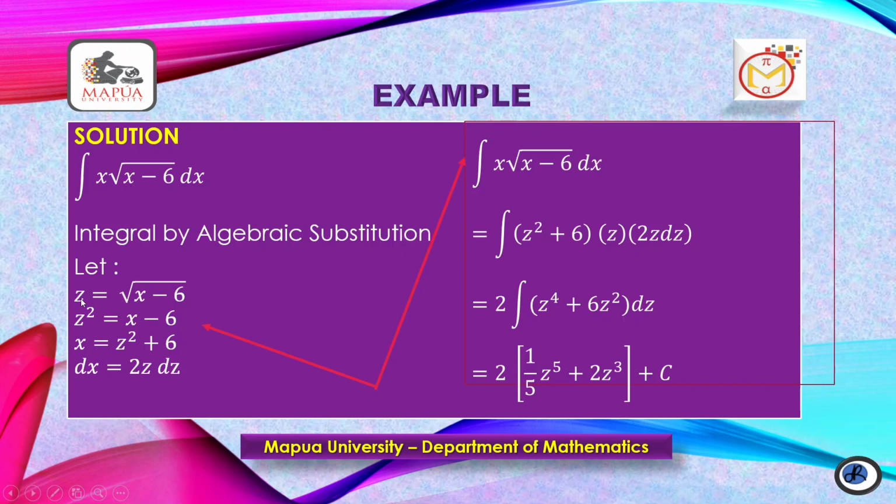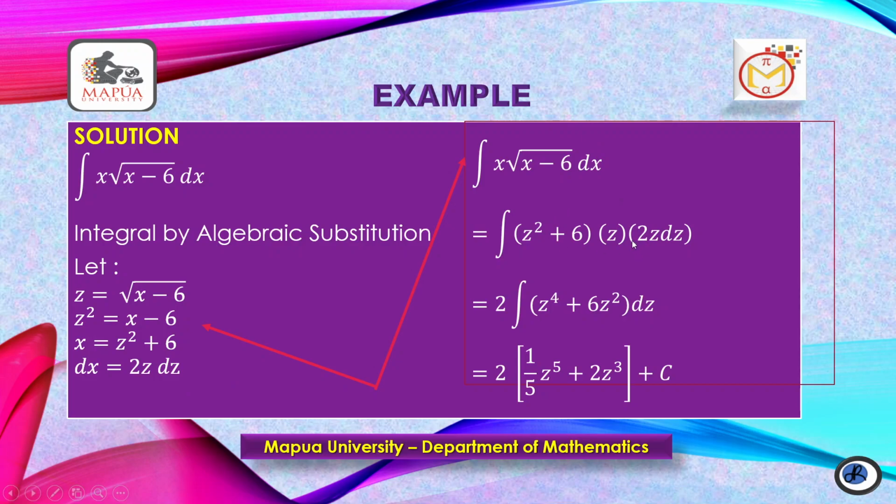I use the z here, which is equal to the radical, and then we can look for the value of x by squaring both sides. Then the x now is z squared plus 6, and then looking for the dx, this is 2z dz. Then substituting on the given integral here, we have this time the integral of x can now be replaced by z squared plus 6, and the radical expression square root of x minus 6 can be replaced by z, and the dx can now be replaced by 2z dz.